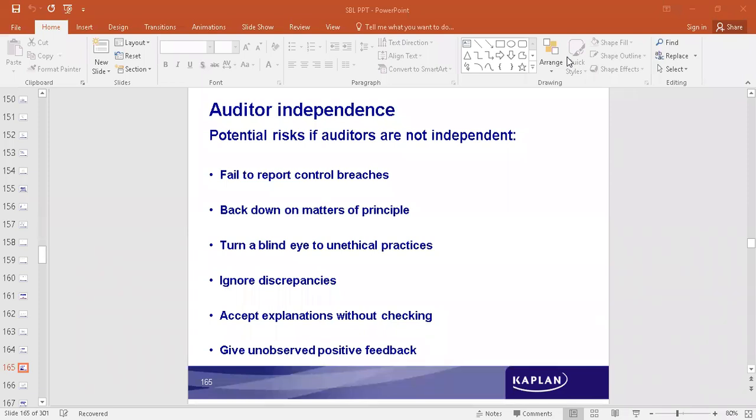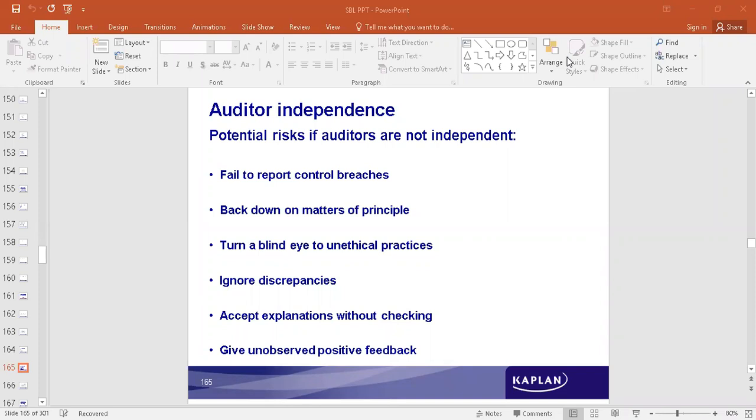If they are not independent, there is no fairness in the way they take up the work. So what risks are present? Maybe they will not be able to control the breaches. Someone not following the policies and procedures, the principles of the organization, that would be a breach in control.